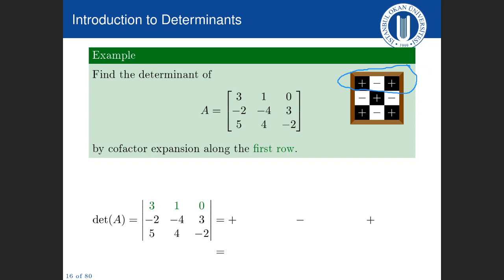So our top row goes plus, minus, plus. So I could write these in first. Plus, minus, and then plus. And then I want to use the entries in the first row. The green numbers here are 3, 1, 0. Let's write these in. It's plus 3, minus 1, plus 0.